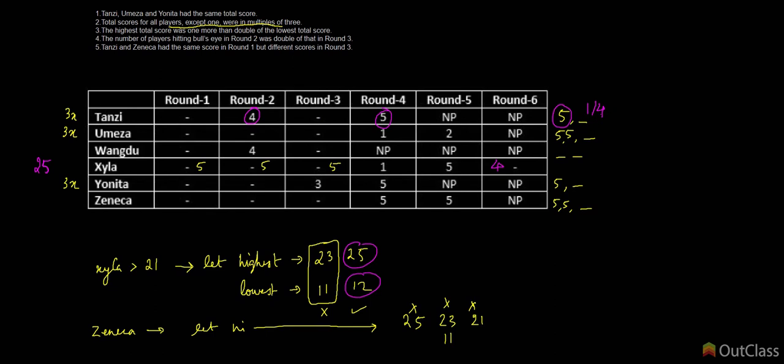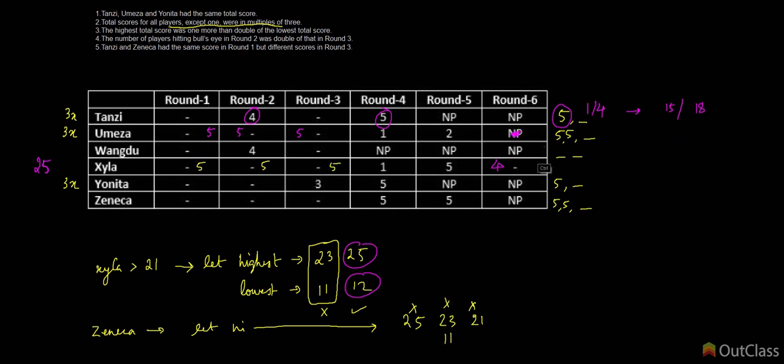If you assume a 4, you will get a total sum of 18, and if you assume a 1, you'll get a total sum of 15. Now take the 18 case. If Tanzi is 18, Umeza also has to be 18, and Umeza's 18 would require 5 5 5, which would give you a contradiction because then Umeza should be playing the 6th round as well.